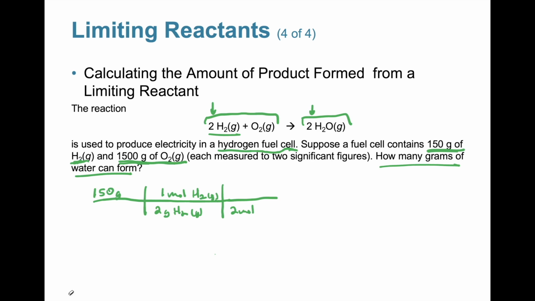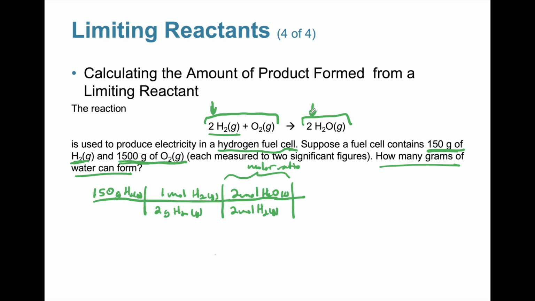It bothers me. I'm OCD that way. H2 gas. There we go. H2 gas. We have 2 moles of water, which is a liquid. So don't forget, this is the molar ratio, and you can only get that from the balanced chemical equation, and it's super important. It will all be wrong if you don't do that.